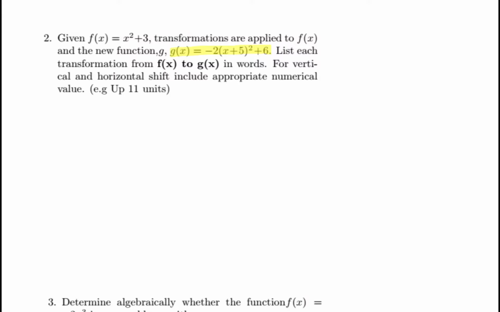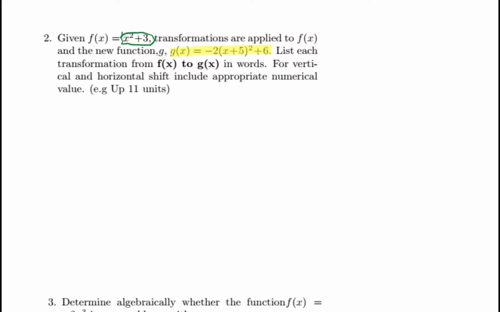Here we have to compare these two functions and see what kind of transformations are applied. It is helpful to look at the original function. This is the original function, right?